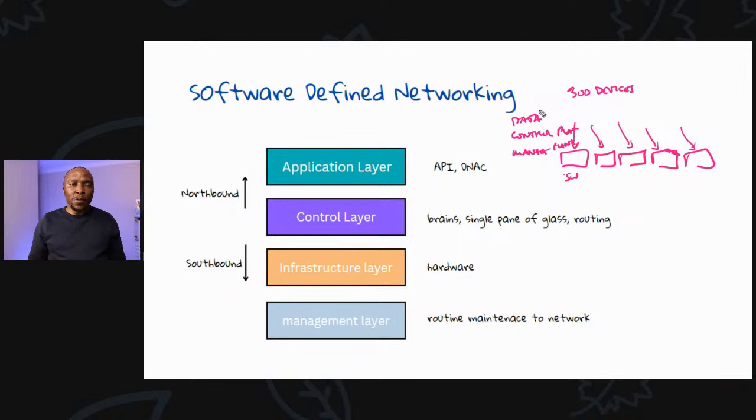So with software-defined networking, the objective was to break up these planes and take them away from the actual physical device and abstract them in a software environment or virtual environment, so that the control plane is no longer located in the same place as the actual physical device. So when you take the control plane out of the device, it means that you can then manage multiple devices, because the control plane is centralized.